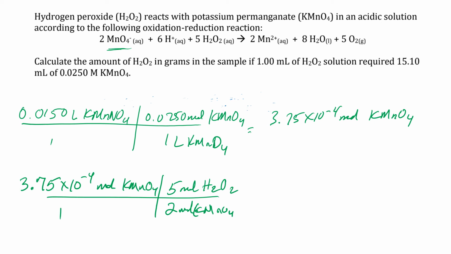Then from here, I'm going to convert these moles into grams. So 1 mole of H2O2. I'm going to get my molar mass and just round it: 16 times 2 plus 1 and 1, so approximately 34 grams of H2O2, and from there I will get my mass. So 3.75 times 10 to the negative 4 times 5 times 34 divided by 2.